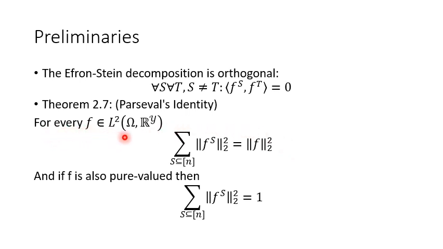So for every function from our inner product space, if we take the sum of squared norms of the functions we get from the decomposition, we can instead just take the squared norm of the function itself, and these two will be equal. And recall that we saw that the L2 norm of a pure valued function is 1, so we also get that this sum is equal to 1, and we will actually use this identity a lot as well in our proofs.